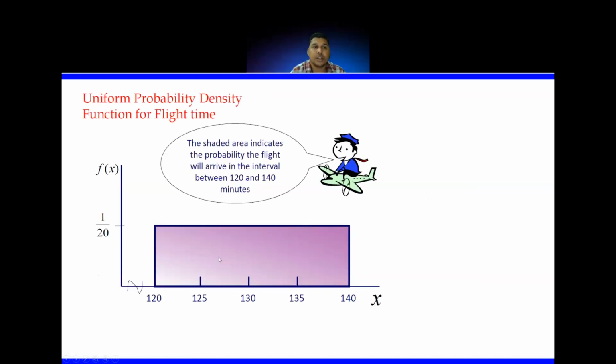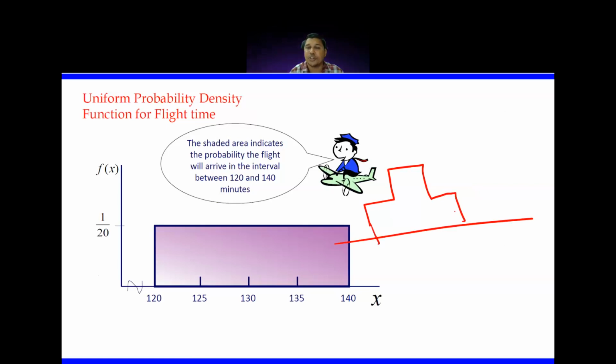If you can see, the shaded area indicates the probability that the flight will arrive in the interval 120 to 140. This is what uniformly distributed means. The density is not something like this, and also not in this fashion. Maybe we have seen in other distributions that something is like this, and this also we have seen in distributions.